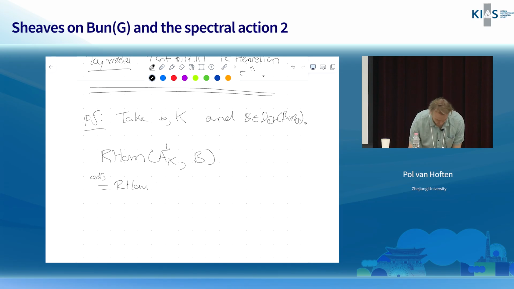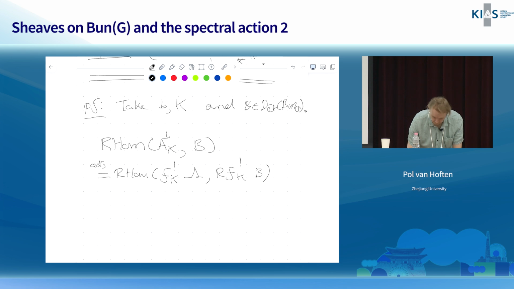So it's just the RHom from f_K upper shriek lambda to R f_K lower shriek, upper shriek of B.